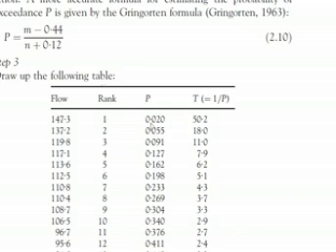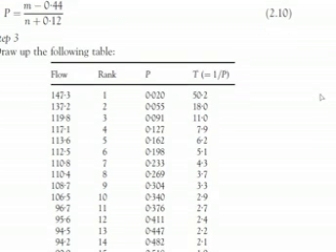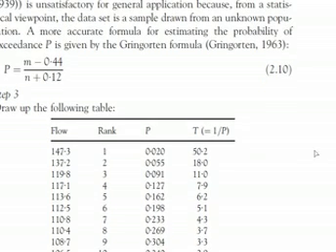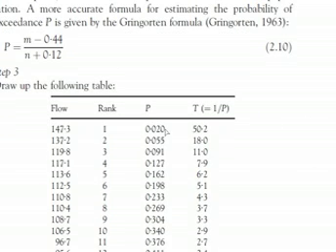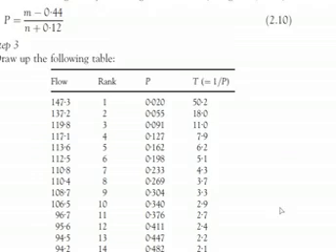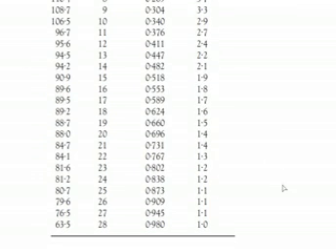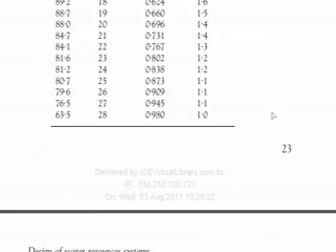So these are the values calculated from this simple formula. And then we've got one more column here, which is the return time. So we saw in the class notes that the return time, the return period, is the inverse of the probability of exceedance. So we just take this value of P for any given flow rate, and we take 1 over P to give us the value of the return time, T.